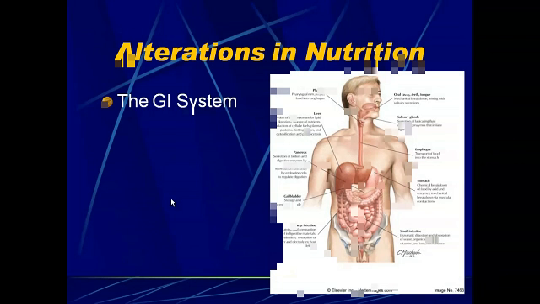Stress is a major factor in its exacerbations. Symptoms: you'll have irritable bowel. With ulcerative colitis, you have bloody diarrhea. With Crohn's disease, you have non-bloody diarrhea. You will have weight loss. You will have lower abdominal pain.